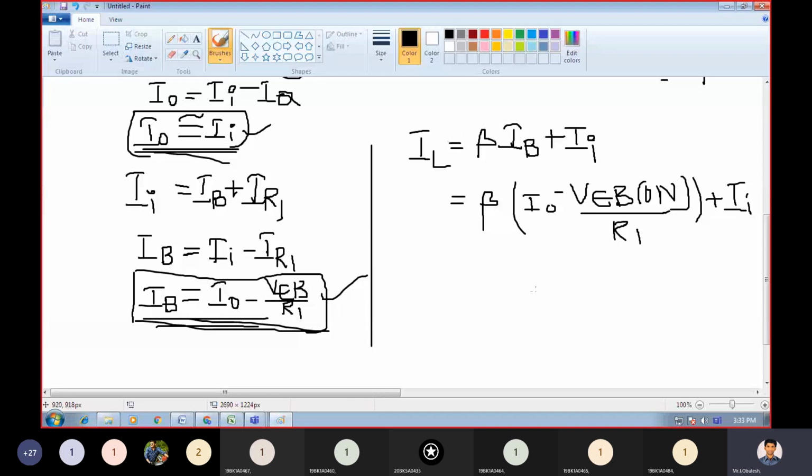Now we need to do the simplification. So beta into I0 we have here, and this II means we already have the I0 term, so instead of II you need to substitute I0.